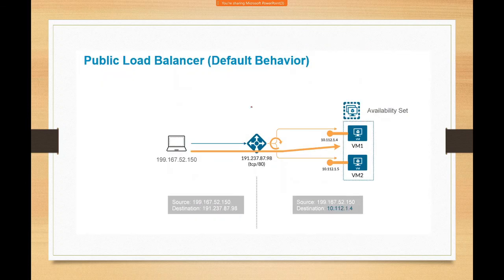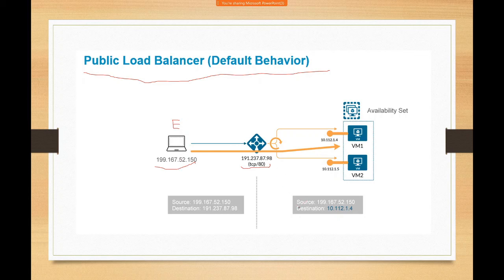I already explained to you the traffic flow, so I'm not going further into detail. I will forward this slide very quickly. Here the source IP address will be Ayad's public IP address. He is sitting at home. The destination IP address for Ayad will be the public IP address of the load balancer, right?